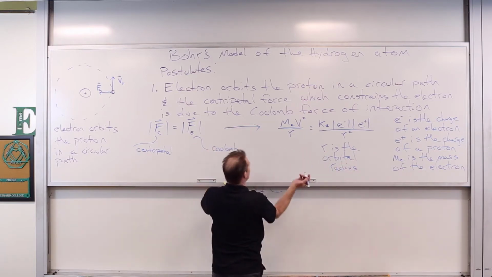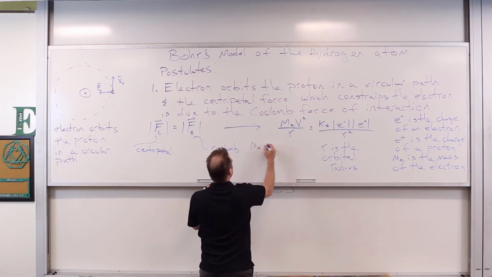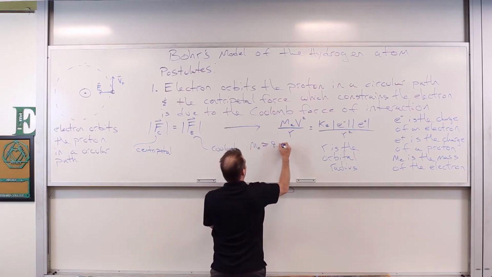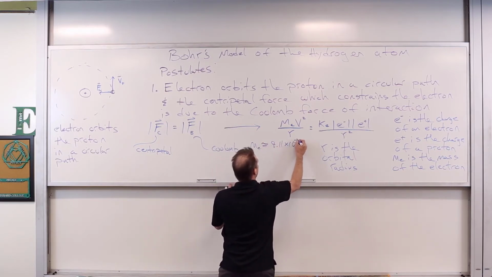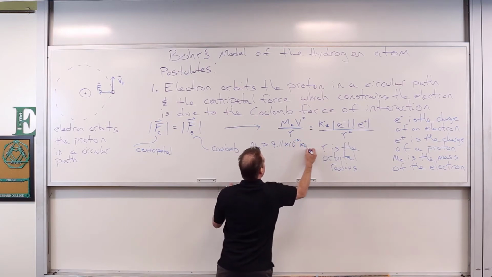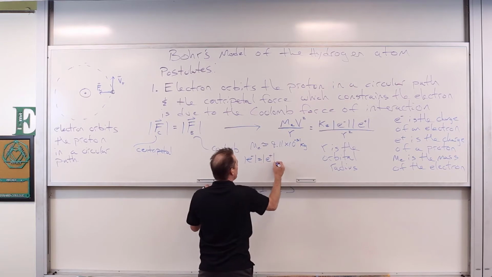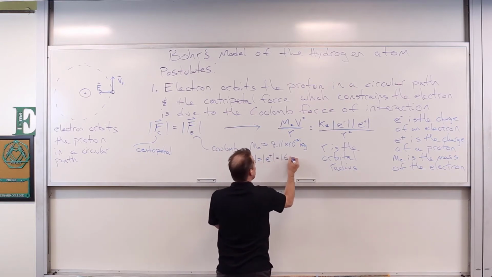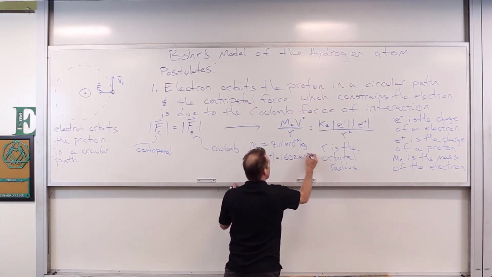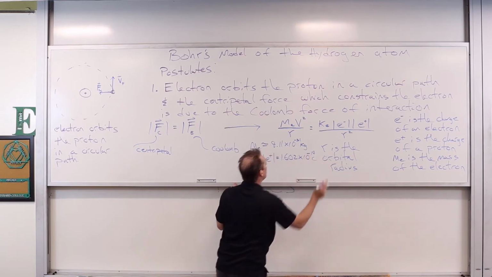Some things we should note here: M sub E is approximately 9.11 times 10 to the negative 31 kilograms. The absolute value of E minus is equal to the absolute value of E plus is equal to 1.602 times 10 to the negative 19 coulombs.